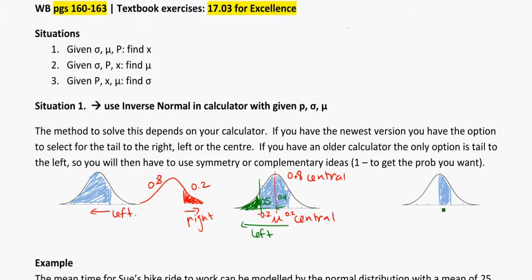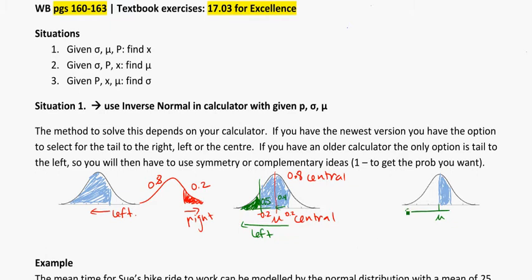In this case here, this is not central, so I just wanted to clarify that one. You'll notice that the shaded region is not centered about the mean. It is in fact only to one side of it. So there are a couple of ways we could solve this problem, but we would probably be looking at using either right or left. And remember that half of the curve is 0.5.